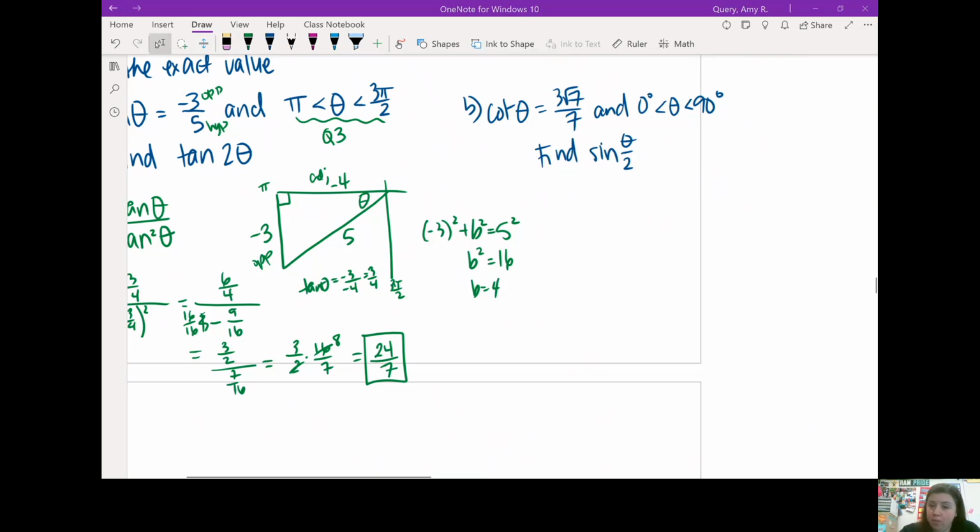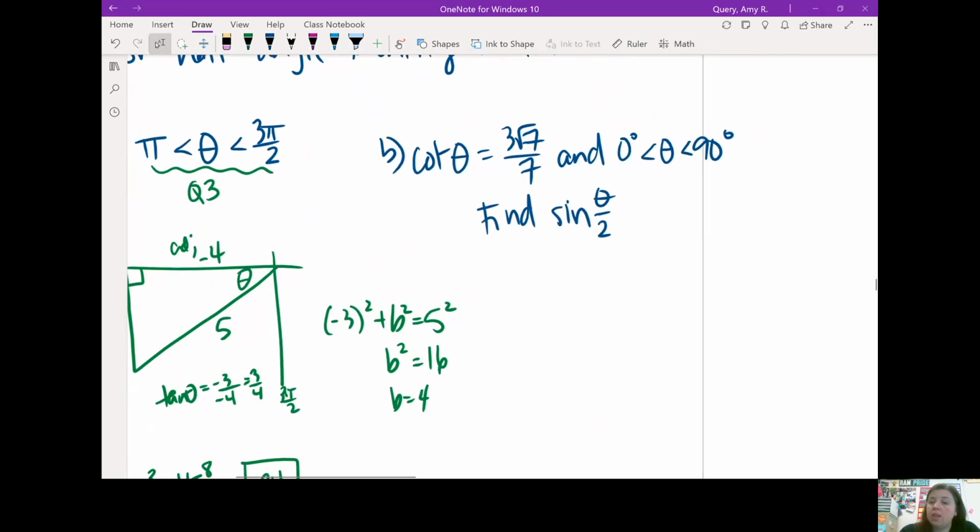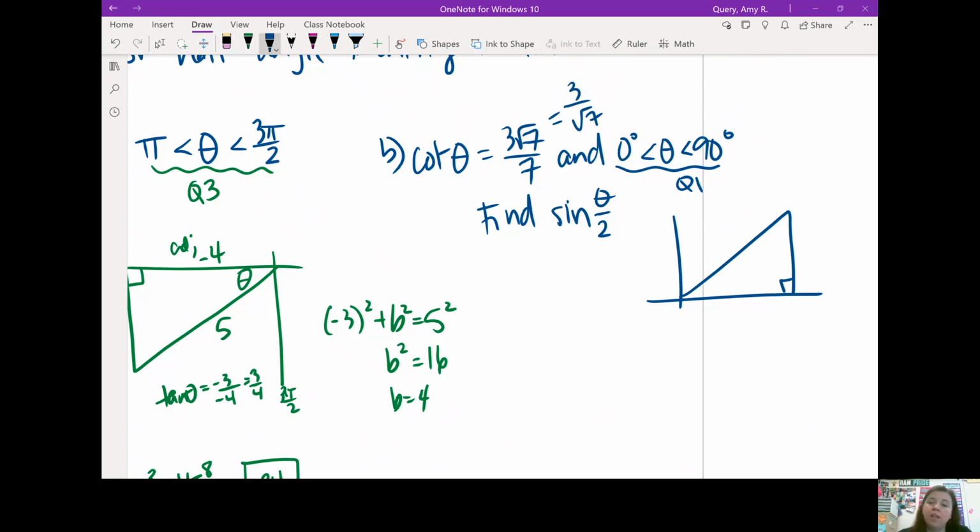Okay, so this is telling us quadrant 1. The cotangent fraction tells us the adjacent over the opposite, except that this 3 root 7 over 7 used to be 3 over root 7, so I'm going to think of it like that, right? I'm going to unrationalize it. So I have an adjacent of 3 and an opposite of root 7.